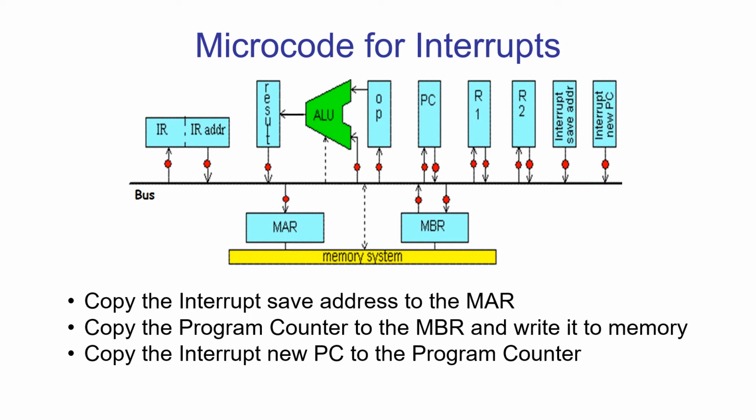This is the address in memory where the current user's program counter will be saved. It will then copy the program counter to the memory buffer register and write the user's program counter out to memory at the specified address. It will then copy the interrupt new program counter value in the far right register into the program counter. This will mean that the next instruction the machine executes will be in the interrupt service routine of the operating system.